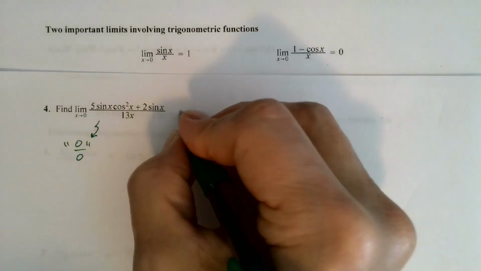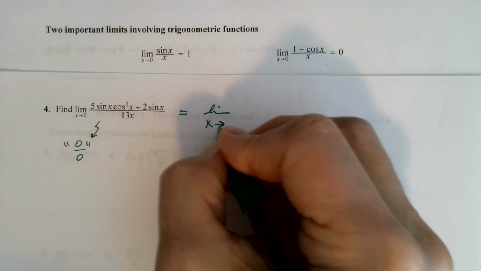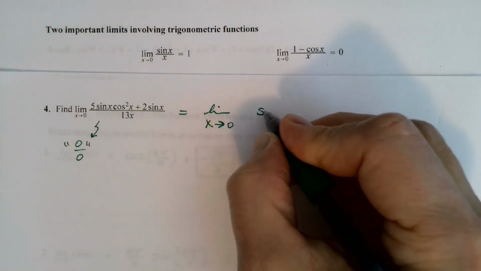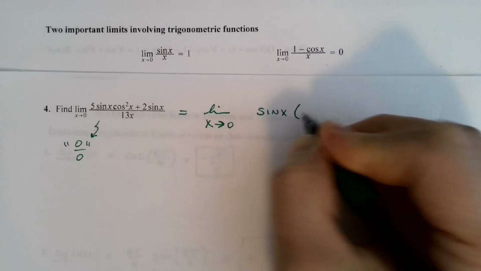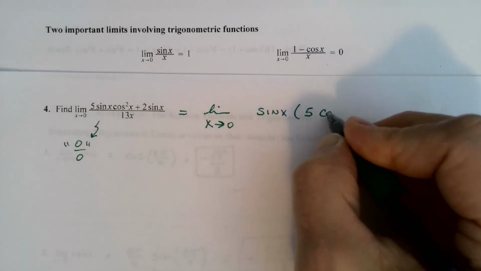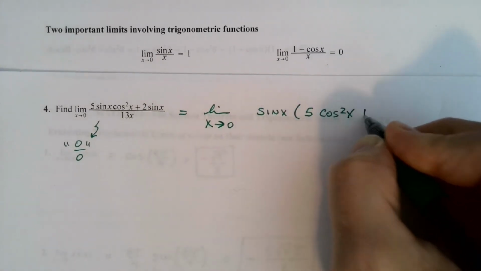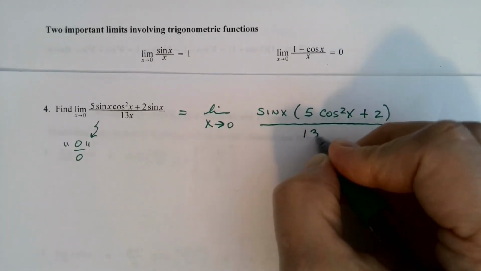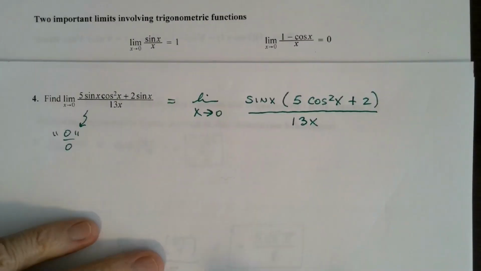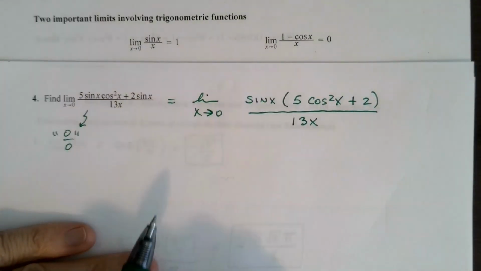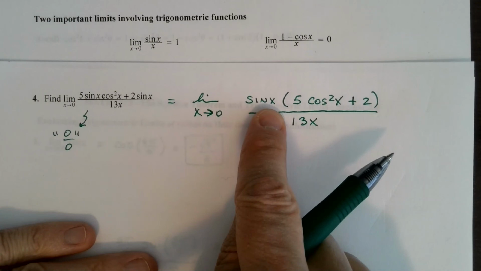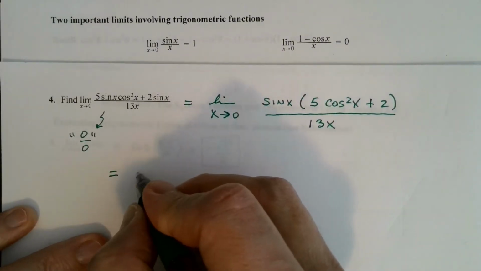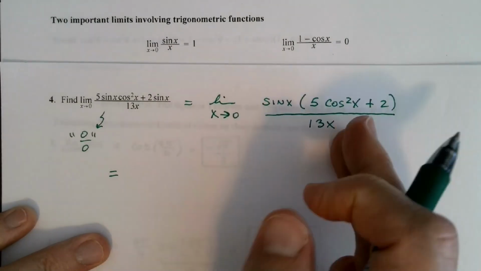Well, what are we going to do up top this time? Again, if you say factor, you're good. I'm going to factor out what? A sine of x. What's that leave me? 5 cosine squared x plus 2. Okay. And now what? Do you see one of our two limits? Sine x up top, x in the bottom. I just need to split that up, right? And I'm going to go ahead and write it as a product of limits.